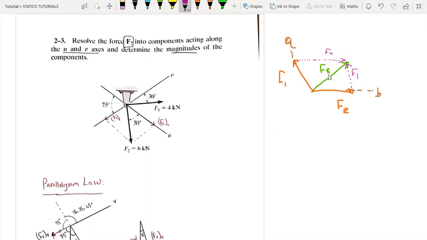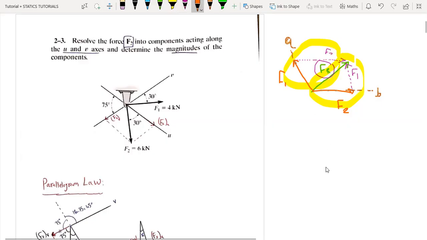And we can also notice that Fr is the diagonal of the parallelogram. Another way is that we can take either this triangle or this triangle to find the components of the resultant force Fr and find the angles.